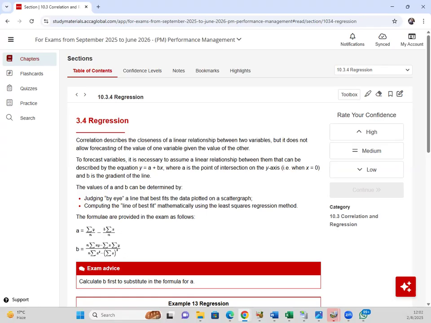The first thing is to calculate B, because to calculate A, you need B. On the formula for A, there is B. So you first work out B, then you work out A. But when you're calculating A, you make use of the B that you've calculated.